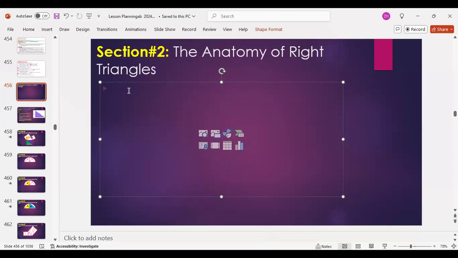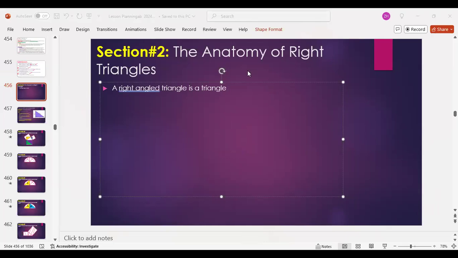We know that a right triangle by definition, so write this down for me, please. A right triangle or right angled triangle is a triangle that has what?